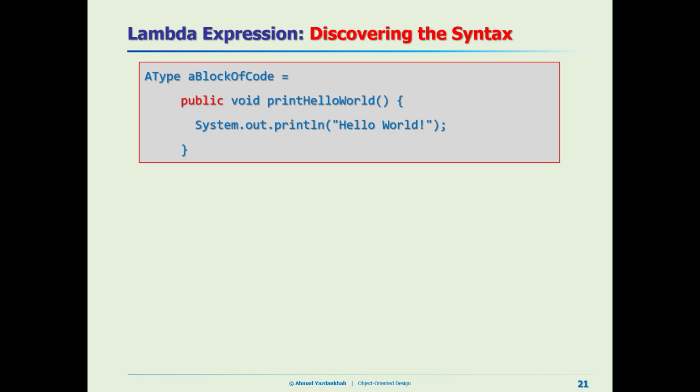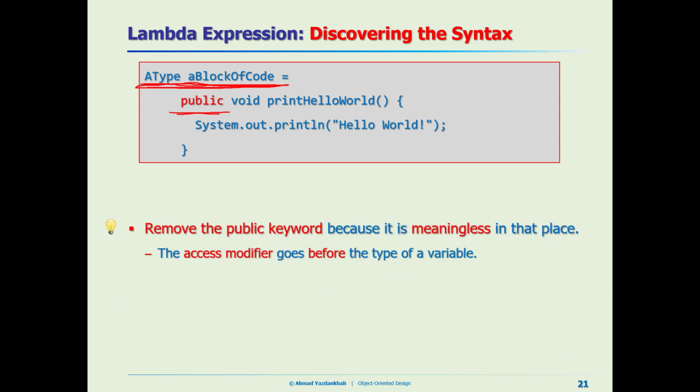That public is meaningless, right? If we are going to assign a piece of code to a variable, then why should we say that it is public? Whenever you have this name, this variable, you can use that piece of code. So absolutely this public is redundant.